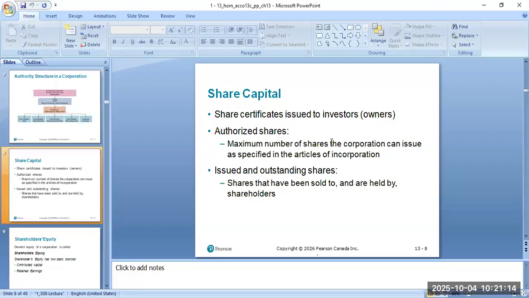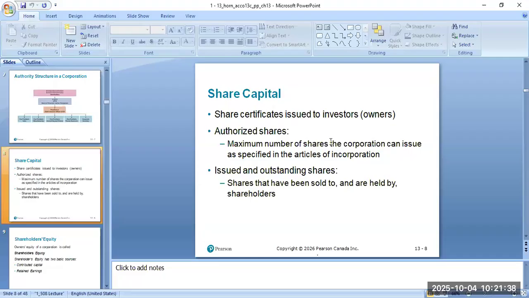This company is authorized to issue over the life of the company, let's say, 10 million shares or unlimited shares. Of those share certificates, which are issued to the owners, we don't have to issue all.